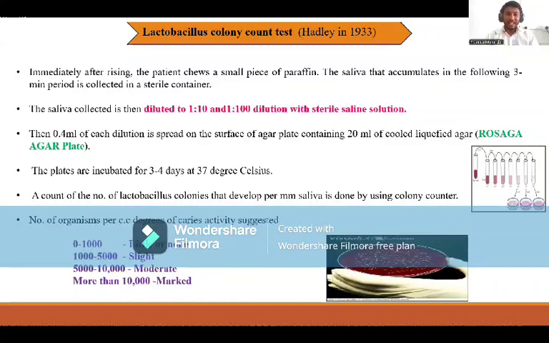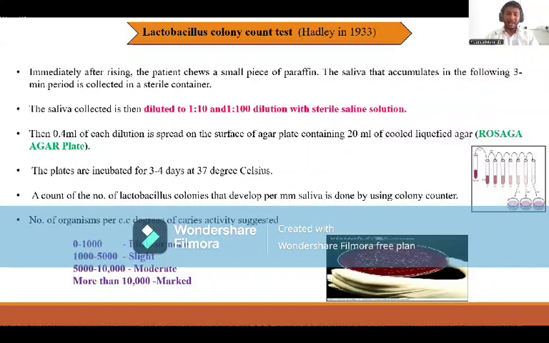The saliva collected is diluted to 1:10 and 1:100 with sterile saline solution. Then 0.4 ml of each dilution is spread on the surface of an agar plate containing 20 ml of cooled liquefied agar, also called Rogosa agar plate. The plates are incubated for 3 to 4 days at 37 degrees Celsius.